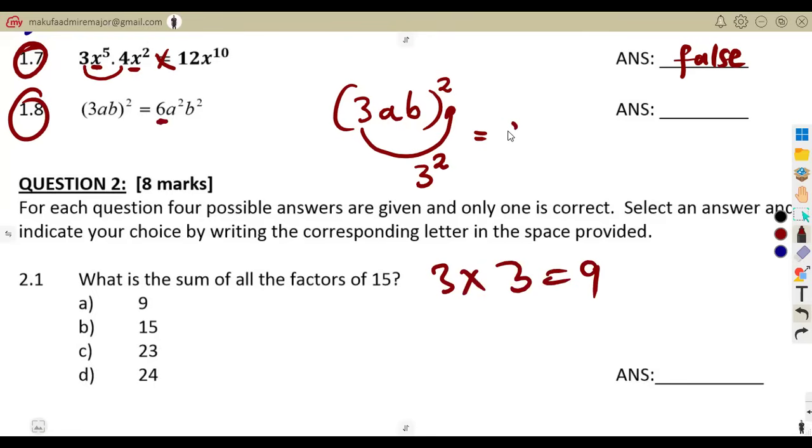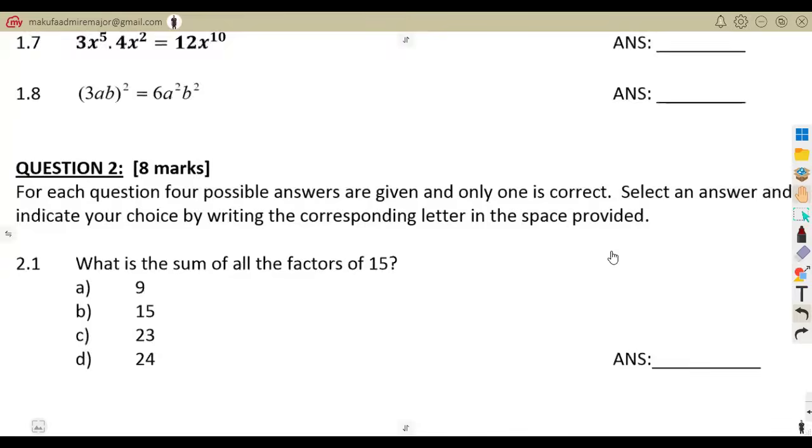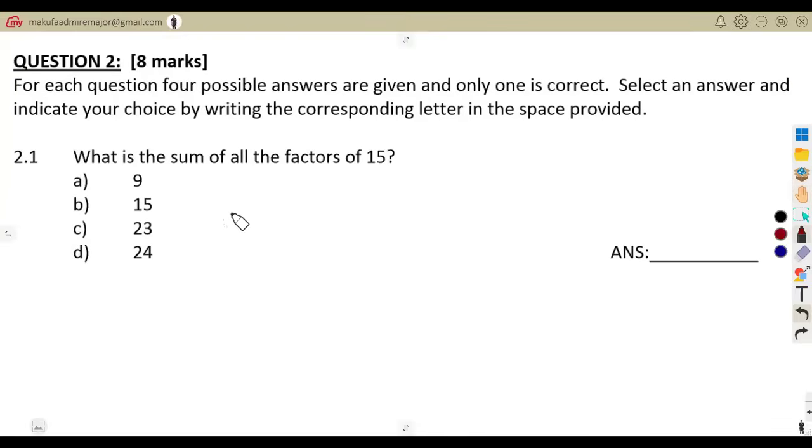So it was supposed to be 9. a raised to the exponent of 2, b also raised to the exponent of 2. Everything is going to be raised to the exponent of 2. So take note that 3 squared gives us a 9, not a 6. So this is wrong, which is false. So that is what we had in that case. All right. So you have to be careful in your simplification.